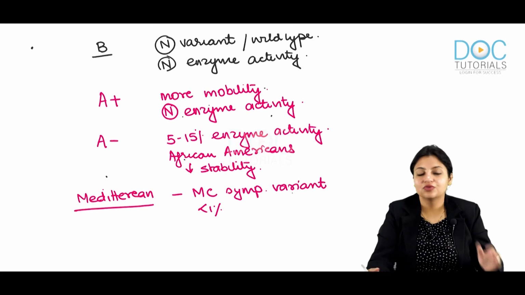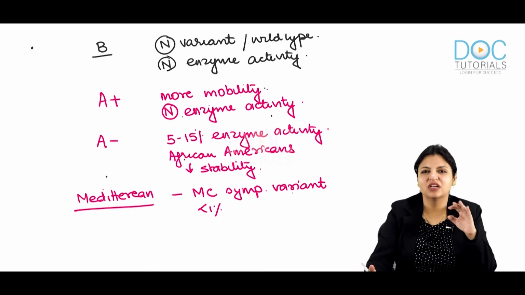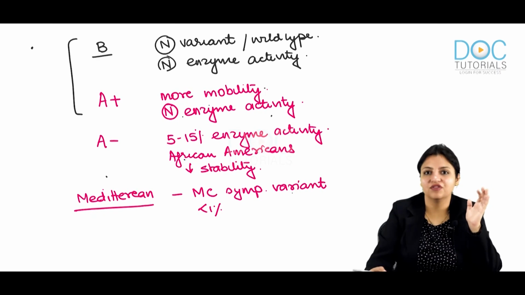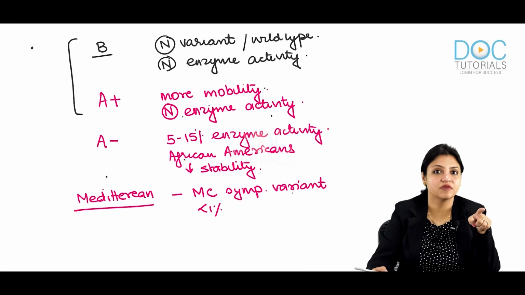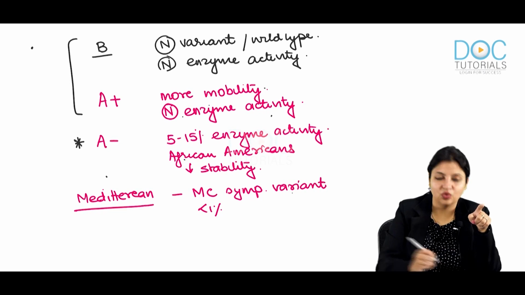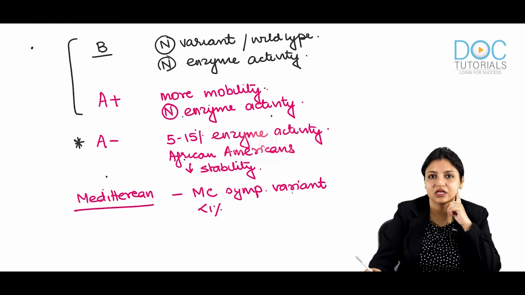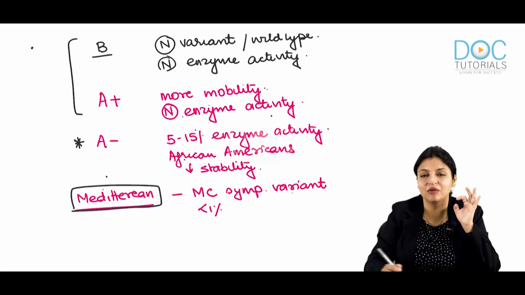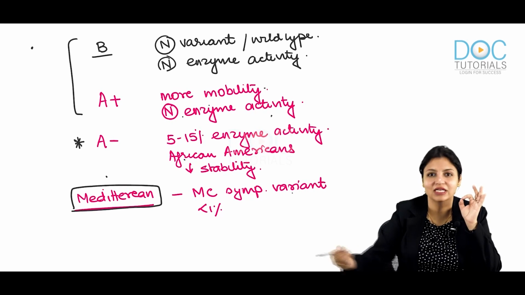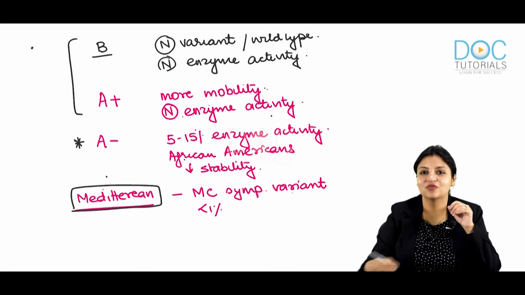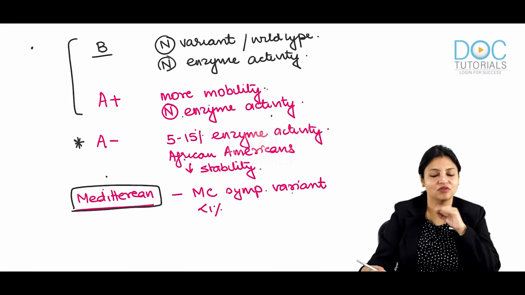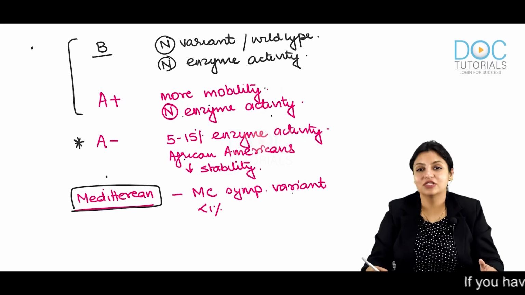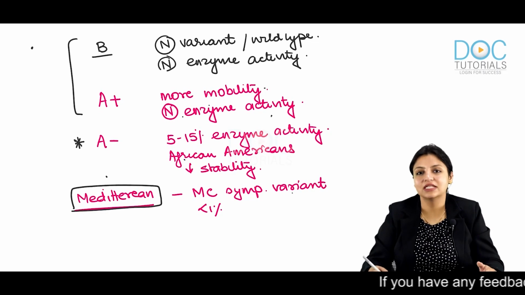A plus and B grade were considered okay, so they had normal enzyme activity. But once a negative sign comes, that is very bad. A negative means marks are less, 5 to 15%. And the worst one is when they write special comments, performed very poorly. So when they write Mediterranean, that means very poor, less than 1% enzyme activity. So this is the symptomatic variant, and the enzyme activity is less than 1%.